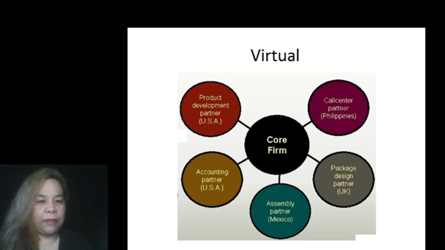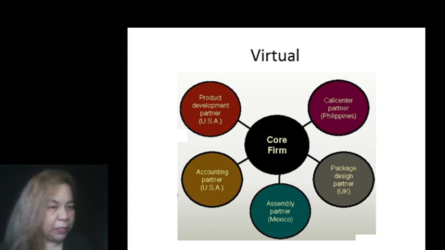And then we have virtual. So as I've said earlier, we see similarities for network and virtual organizational structures. Some literature will say that the only difference would be on the use of IT and the internet to communicate with members and accomplish specific objectives. But personally, I think it's one and the same.